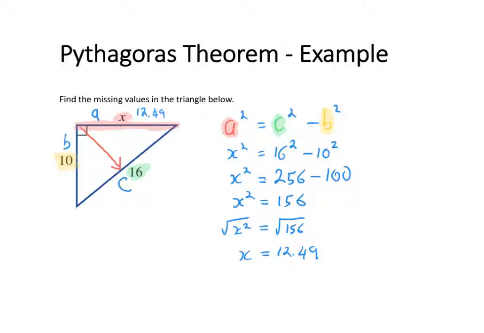So 12.49 is shorter than 16. So I have done my common sense check. If it came out as longer than 16, I would need to go back and check my working because I've made a mistake. But because 12.49 is less than 16, I can go ahead and accept it as my answer. So the value of my missing side, side x, is equal to 12.49.